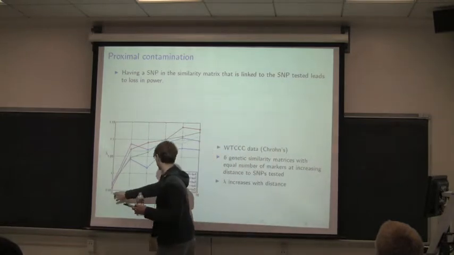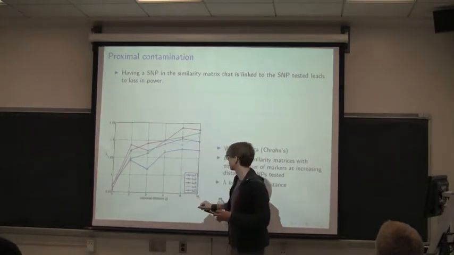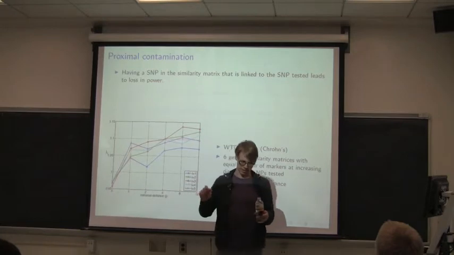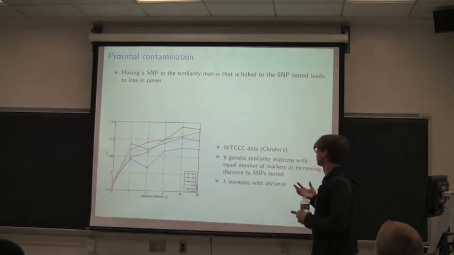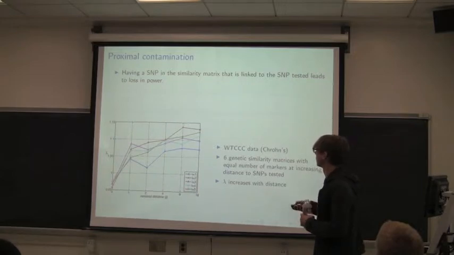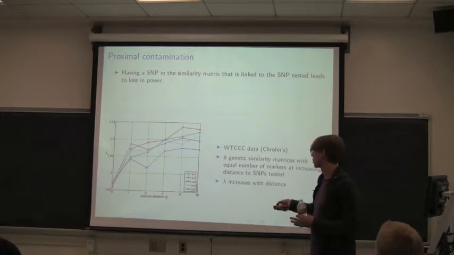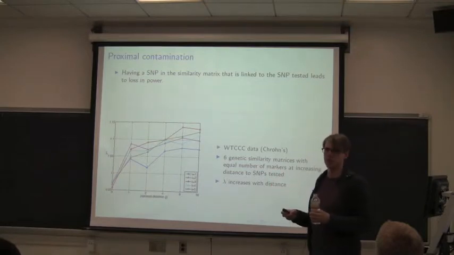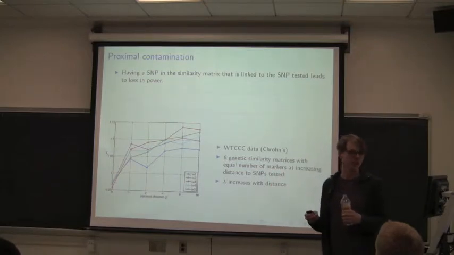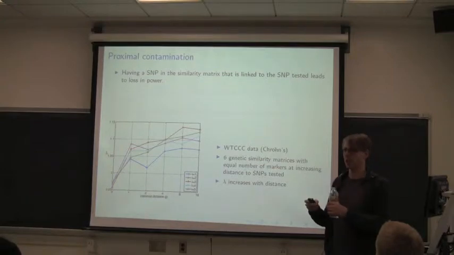But going from 0 to 30 to 16, the distance between the SNPs tested and the SNPs in the kinship matrix increases, and for that reason, lambda also increases, which is, of course, not a difference in population structure. Just because you use a different set of SNPs for the kernels, there shouldn't be more or less population structure. It's just correlation between the SNPs that you test and the SNPs that you use to correct.